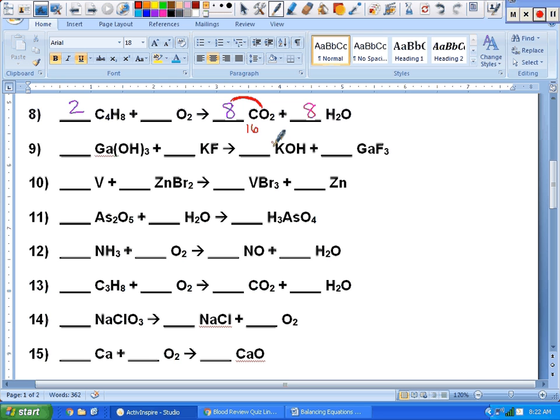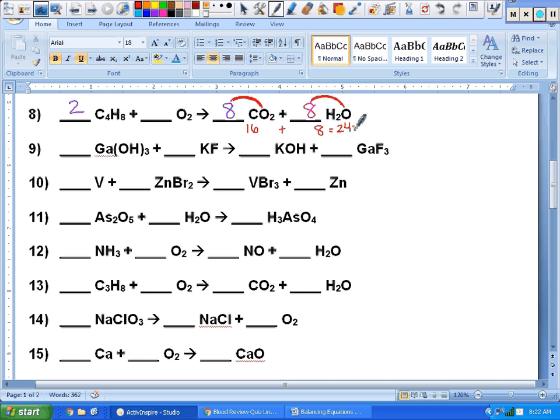Now, how many oxygens do I have in my water? I've got 8. And this is very important. What mathematical symbol is between those two formulas? A plus sign. So what do you do to 16 and 8? You add them. What is 16 plus 8? 24. So I've got 24 total oxygens on my product side.